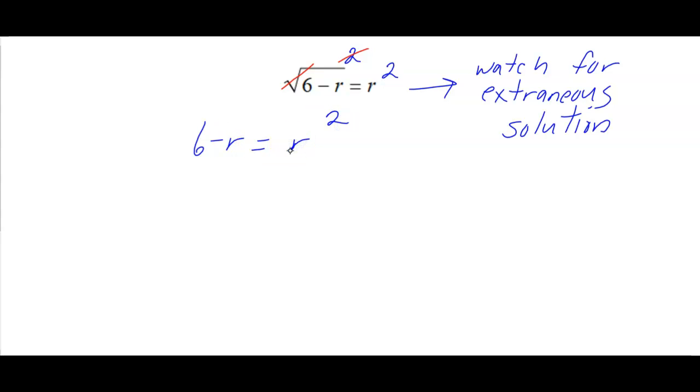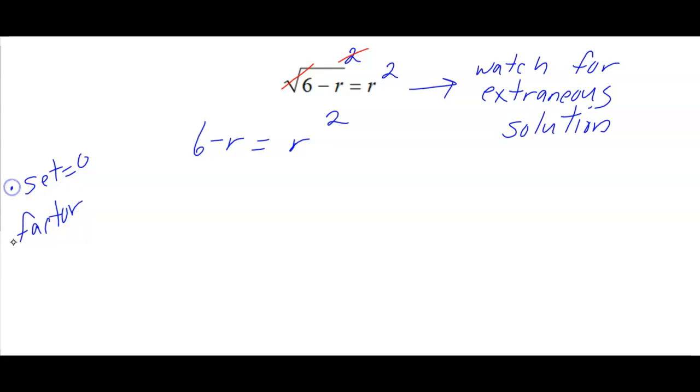Okay, and then hopefully you recognize this. This now is a quadratic. So we have an r to the second power, an r to the first power, and then a constant. So you're going to have to solve it by factoring. So set it equal to 0 first. So you're going to set it equal to 0, and then you're going to have to factor it.